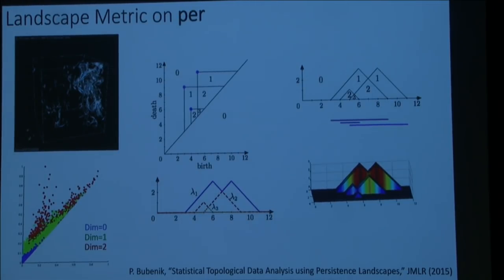And on the right, some pictures describing what's called the landscape distance. So the general idea is if you have this persistence diagram with the 3 blue points on it, you build these sort of tent functions off of them, tip them over, and then take the upper envelopes. So this top function, lambda 1, is the first, basically, landscape function, and then the second and the third. Now you have a vector of landscape functions, essentially, that you've reduced your persistence diagram to.